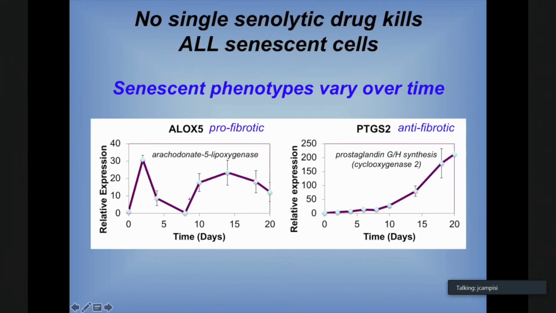And then you need this prostaglandin in order to resolve the fibrosis of normal wound healing. And we recently showed that patients with idiopathic pulmonary fibrosis are very good at inducing the pro-fibrotic gene, but very poor at inducing this anti-fibrotic gene. So we think this will have clinical relevance when we start targeting these cells.